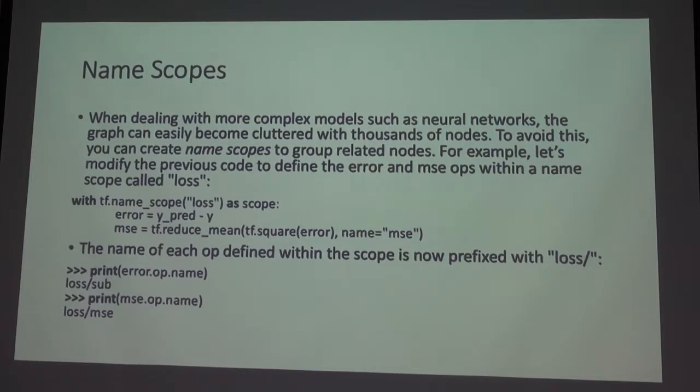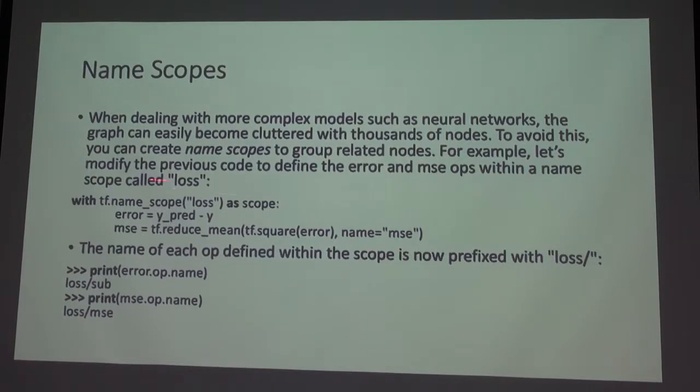So even thousands of nodes is not very uncommon. If you have thousands of nodes, the graph is not going to be easily visualized, because there is too much stuff in there. So to avoid that, you can create name scopes to group related nodes.